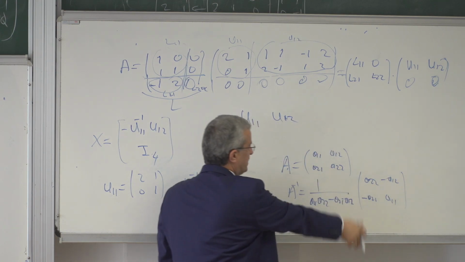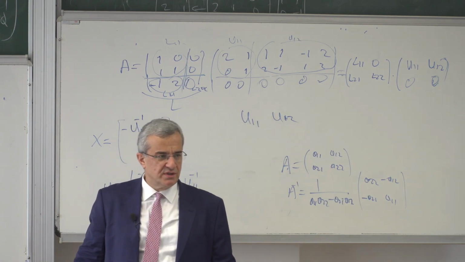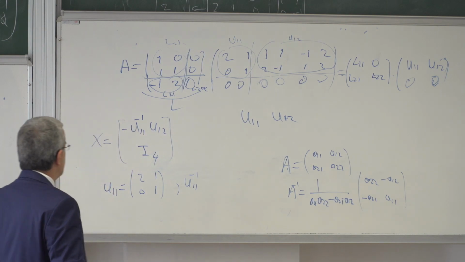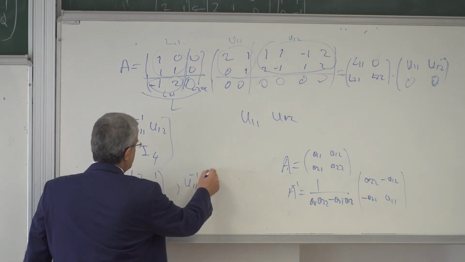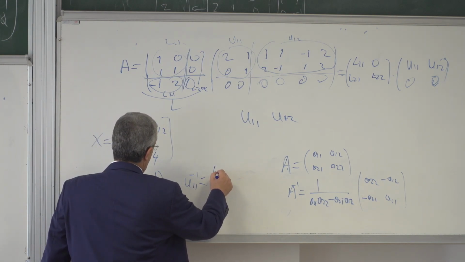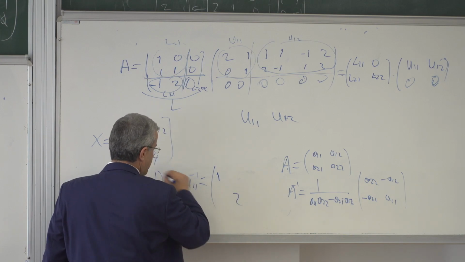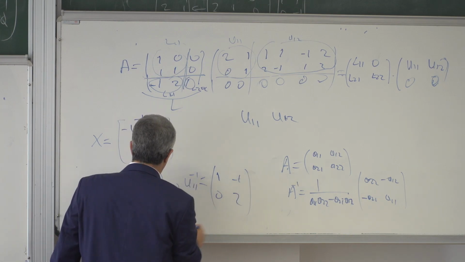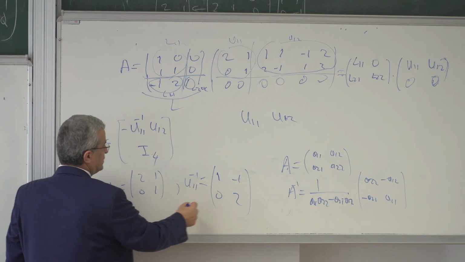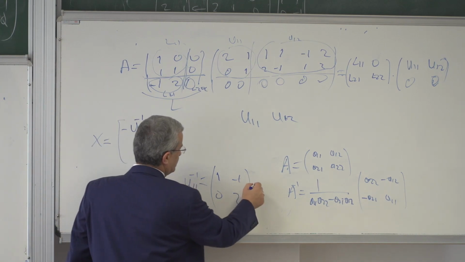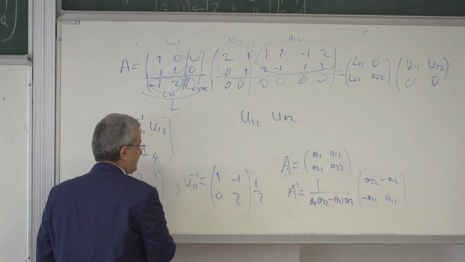Okay? If you multiply it out, you will see it. It gives you identity. Okay, so what is U11 inverse? This is 1 and 2, 0 and minus 1, right? And you divide it by 2. Okay?